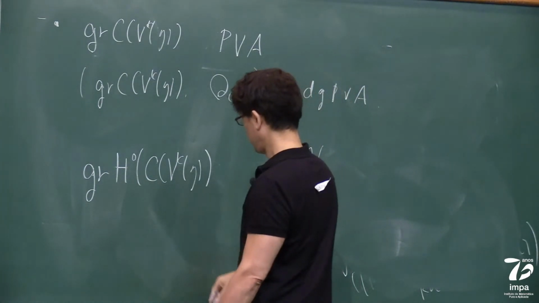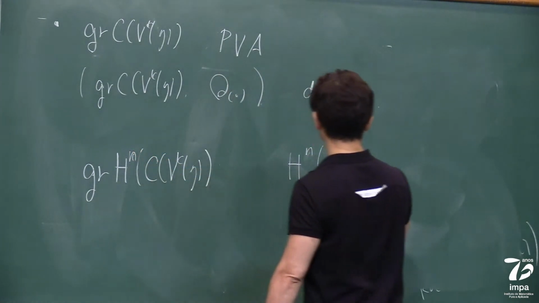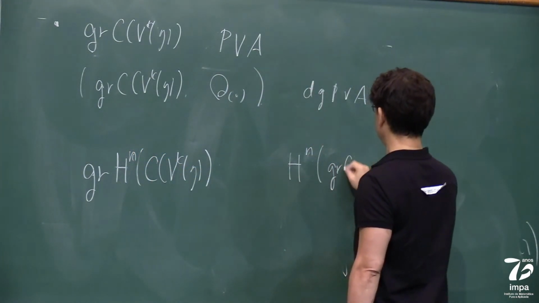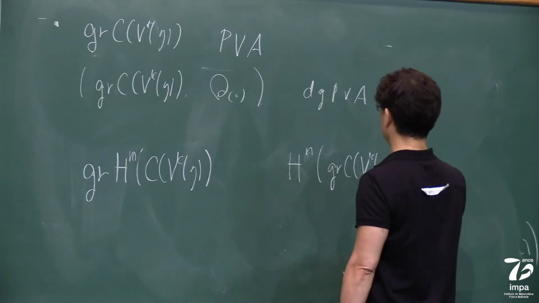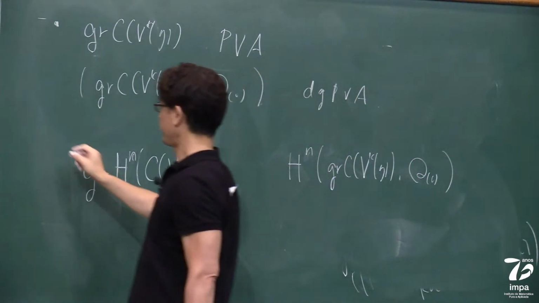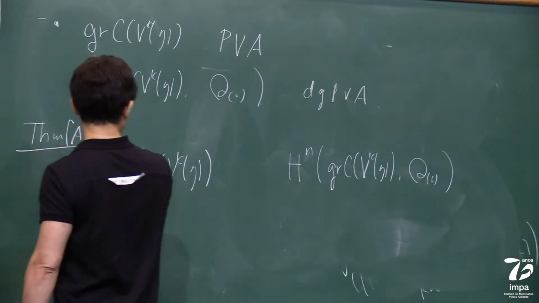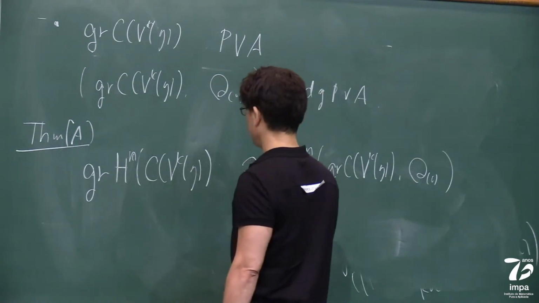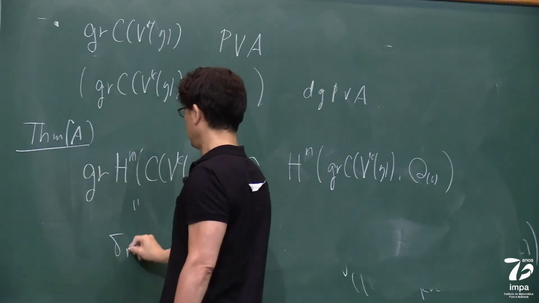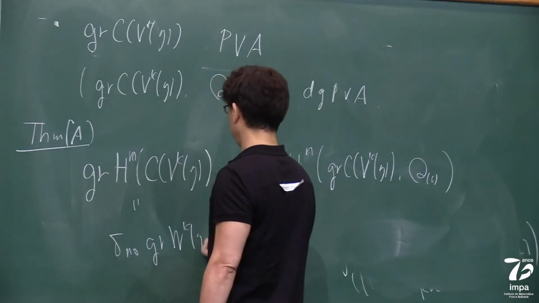So maybe I put N everywhere. Group of C of VKG. And one can show that this is indeed the same. So this is isomorphic. So this is delta N0, a group of WKGF.